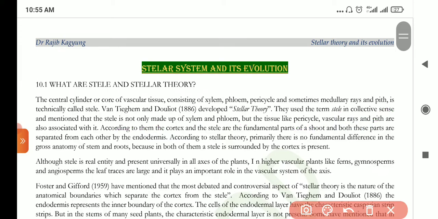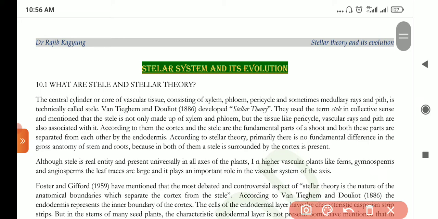Before, in simple terms, people used to say stele is what? Xylem and phloem. That is what you knew also. But now these scientists, Douliot and Van Tieghem, they say it contains pericycle also, vascular rays also, and pith also.